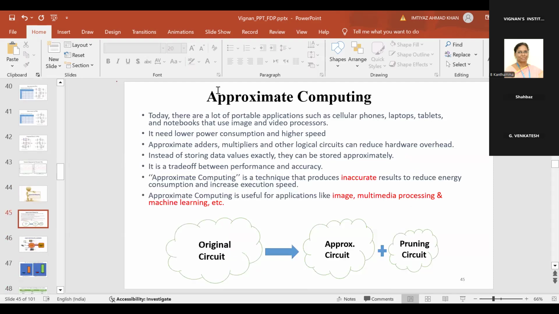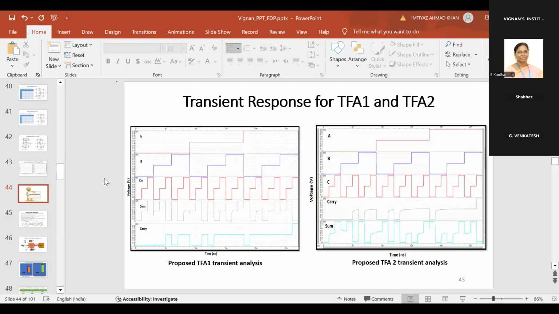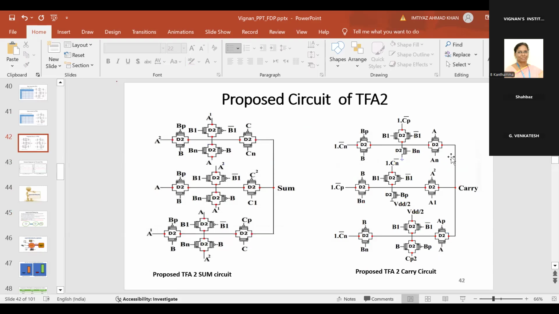And approximate computing. That's the reason if you are a researcher or a student, you can work on it. Approximate computing, just like I've explained, ternary adders, binary adders. If you remove any portion in circuits, just like this original circuit I have explained, then my output value will be wrong, not correct, not exact.